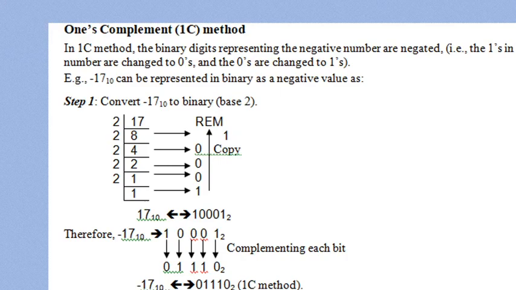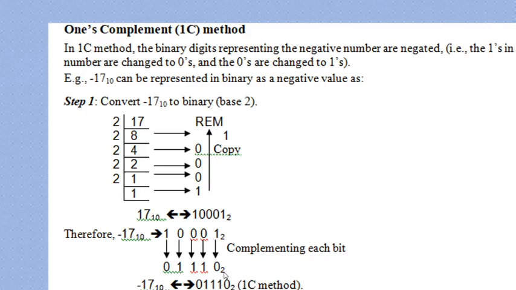And therefore the answer you get there, you negate. Whatever is 1 becomes 0, and whatever is 0 becomes 1. Therefore, look at what has been done here. A 1 becomes 0, a 0 becomes a 1, a 0 becomes a 1, a 0 becomes a 1, a 1 becomes a 0, and therefore the answer is this one.